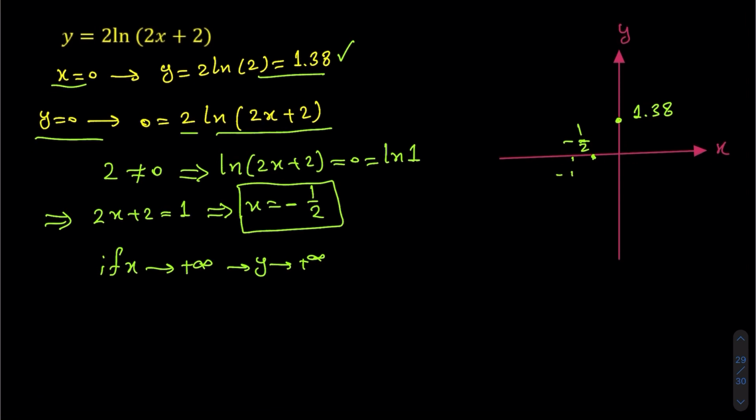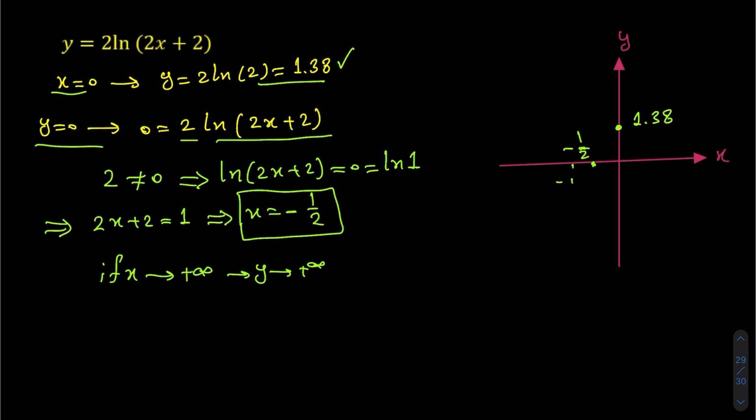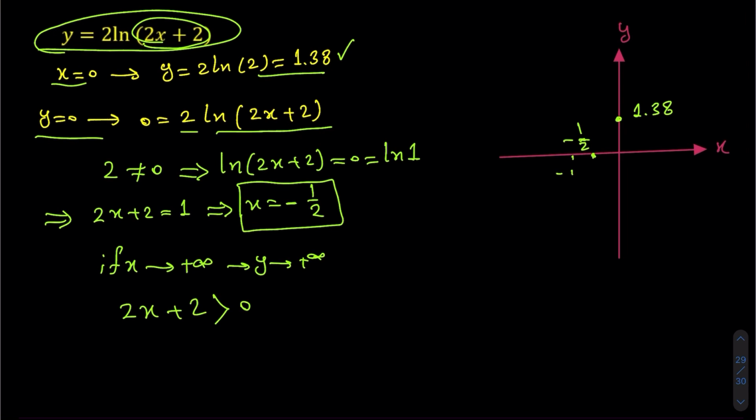We say that x cannot be any negative value, because in order to keep this equation valid, this expression here must be positive. So therefore 2x plus 2 must be positive, it cannot be negative. Okay, and therefore we can conclude that x must be larger than negative 1.